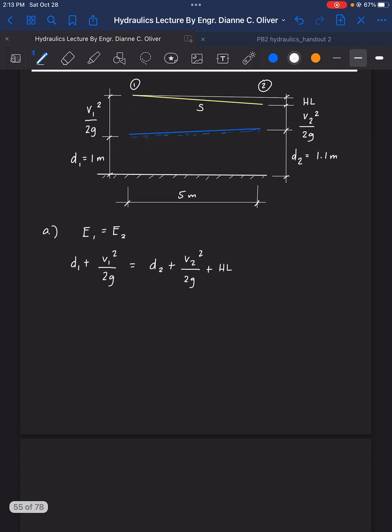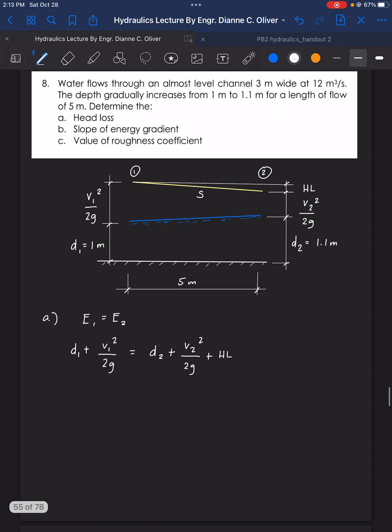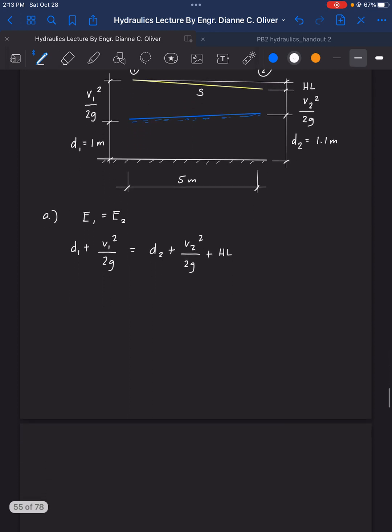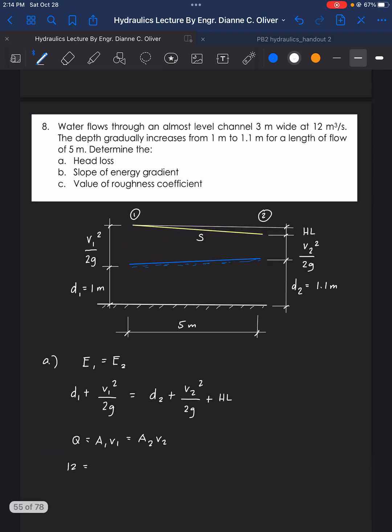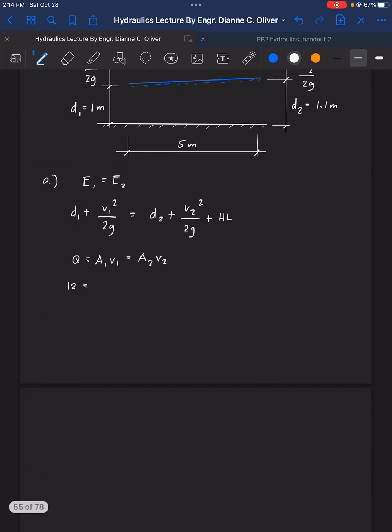Okay, so we don't have the value for velocity, but we can get it by using Q equals AV. Q equals area 1 V1 equals area 2 V2. Our Q here is given as 12 cubic meters per second. For area 1, the channel is 3 meters wide, so the depth varies.